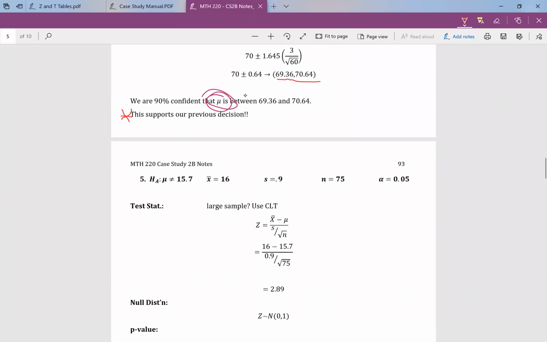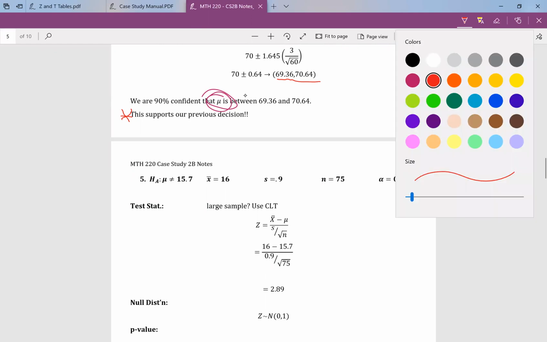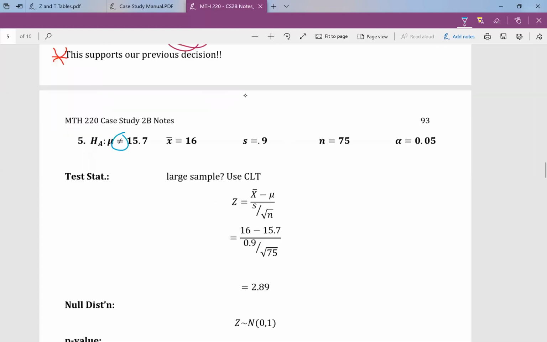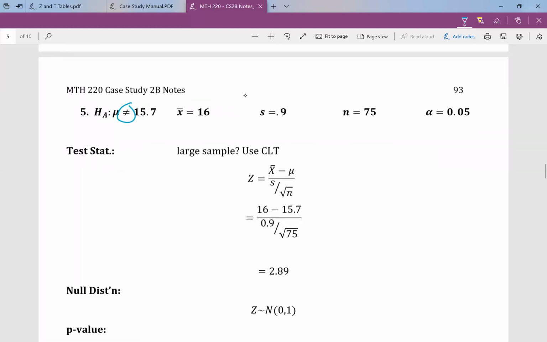Okay, p-value. I'm going to go over the p-value step with you because this is a two-tailed test. I'm going to draw my picture right here. Our test statistic is 2.89.